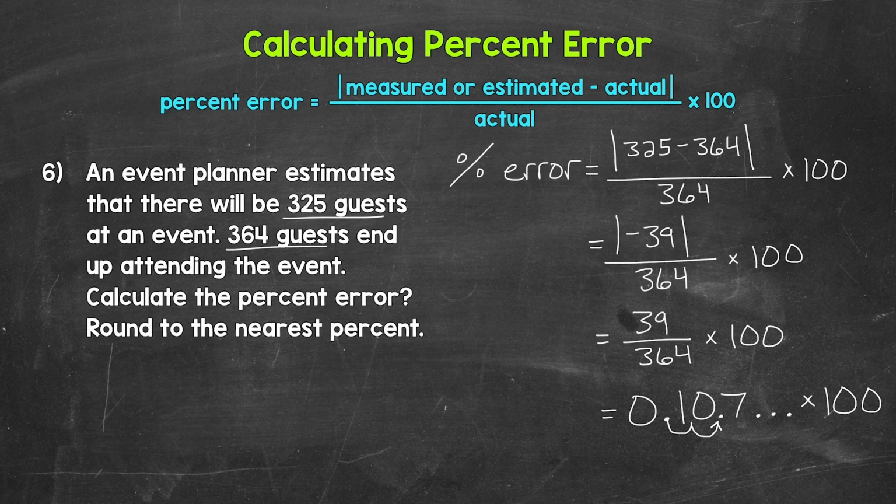And when we round to the nearest percent, we round to the ones place. We have a 0 in the ones place with a 7 to the right in the tenths. So this rounds to 11%. So our percent error is approximately, and I'm using the approximately symbol here since we rounded, 11%.